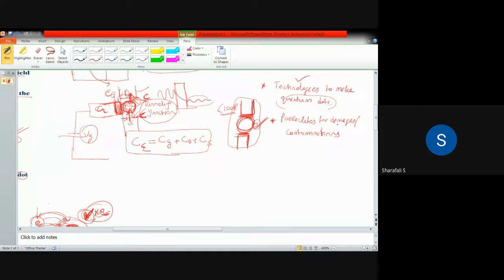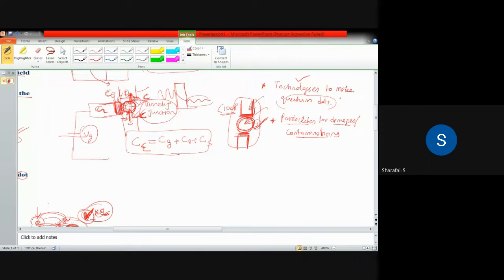This possibility of damages and contaminations, and the possibility of other particles getting inside these materials, all those things are possible. So all those possibilities have to be avoided or taken care of.